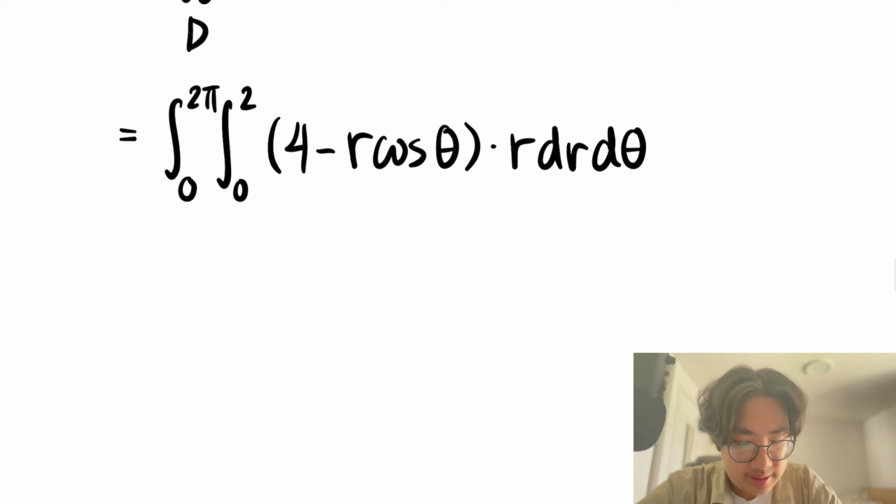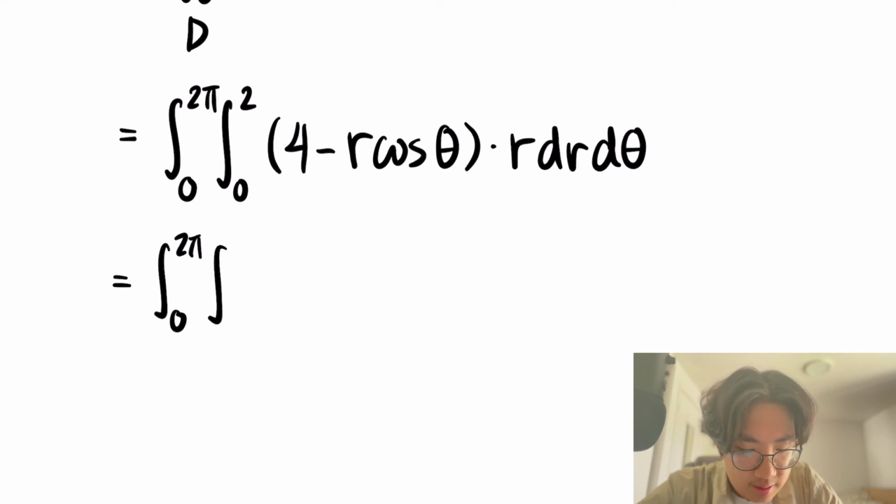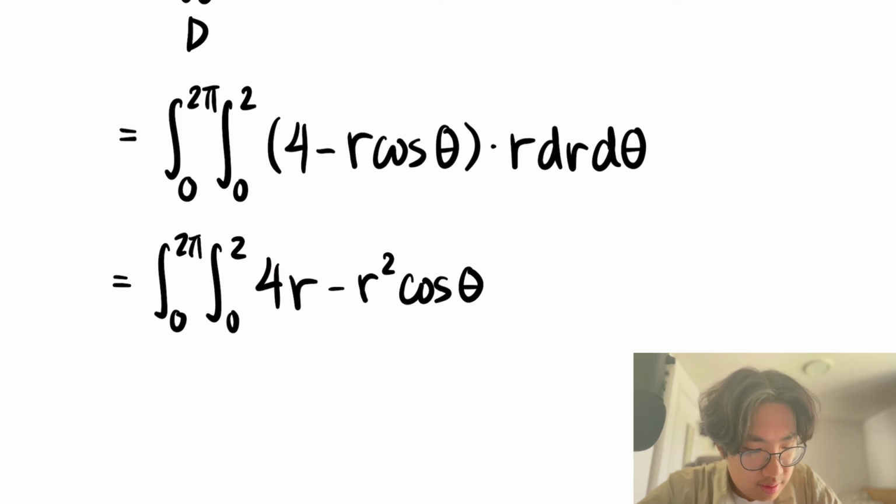Okay, simplifying this, we then get the integral from 0 to 2 pi, then the integral between 0 and 2. Now we can just expand this. So we have 4r minus r squared cos theta, and then dr d theta.